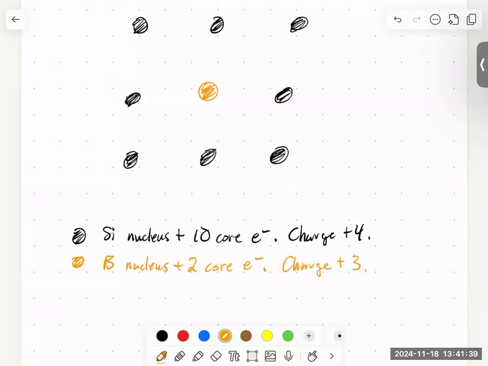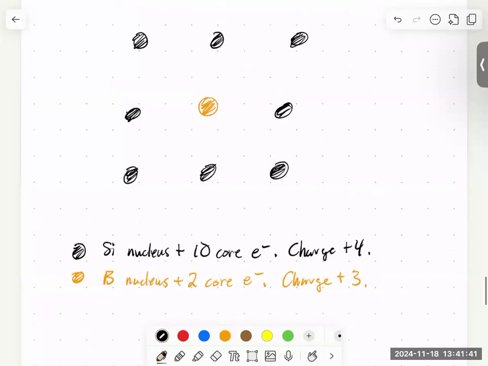Just thinking ahead, when we start talking about making diodes and stuff like that, I'm not really going to care that the charge is plus 3. What I'm going to care about is that the charge is 1 less than the neighboring silicon atoms. Okay, in any case, we'll draw all of our electrons.